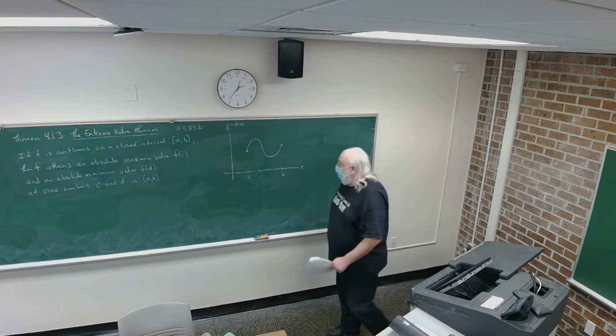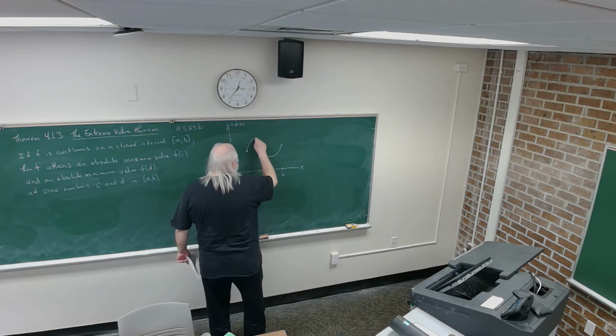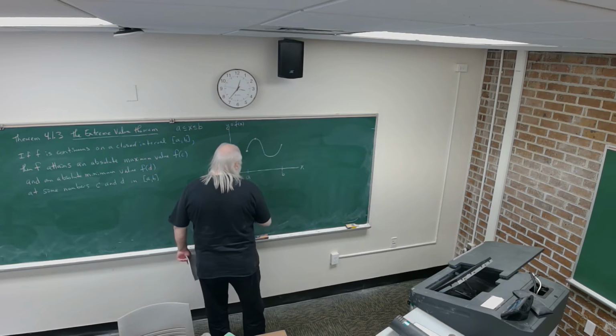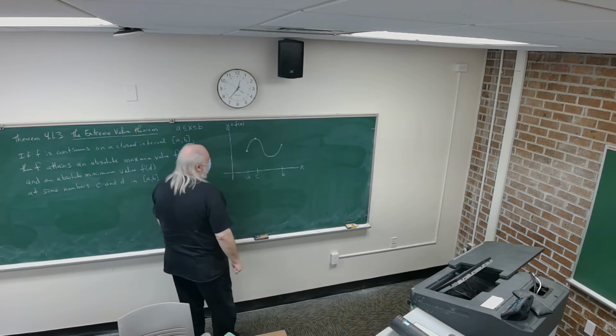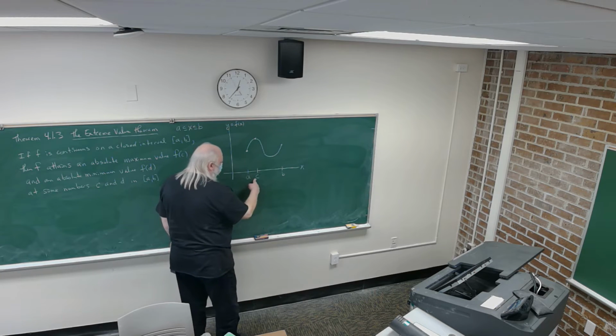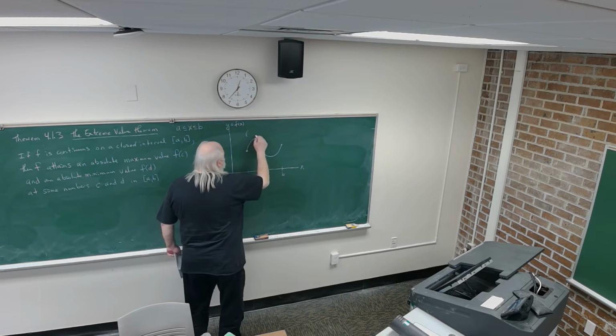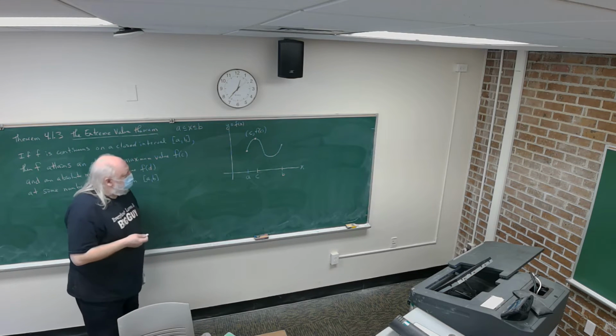In this arbitrary graph that I've drawn, the highest point on the graph, we'll label it occurring at x equals c. This point has an x coordinate of c and a y coordinate of f of c. So the absolute maximum value of the function in this example is f of c.